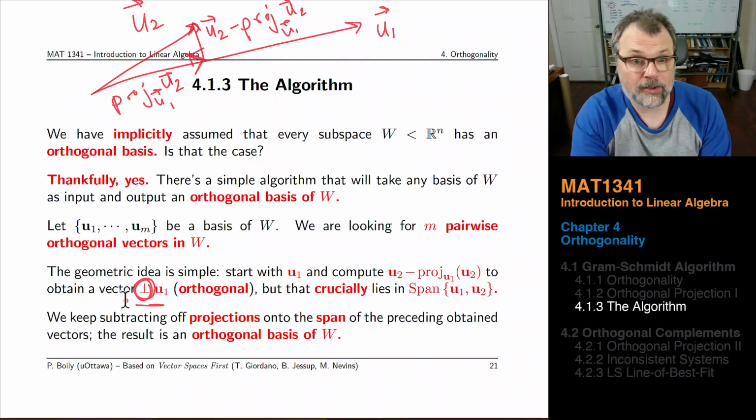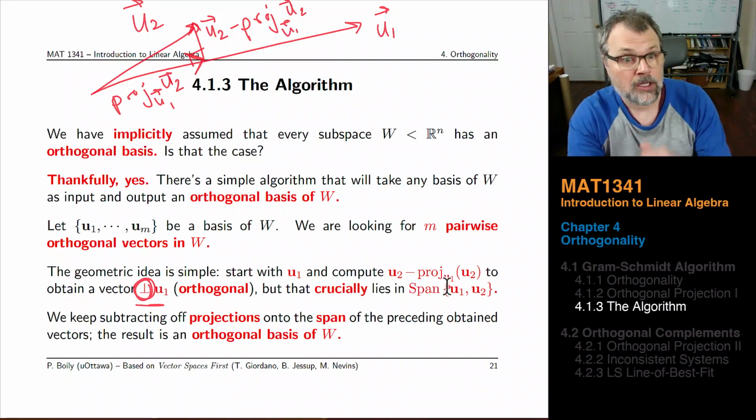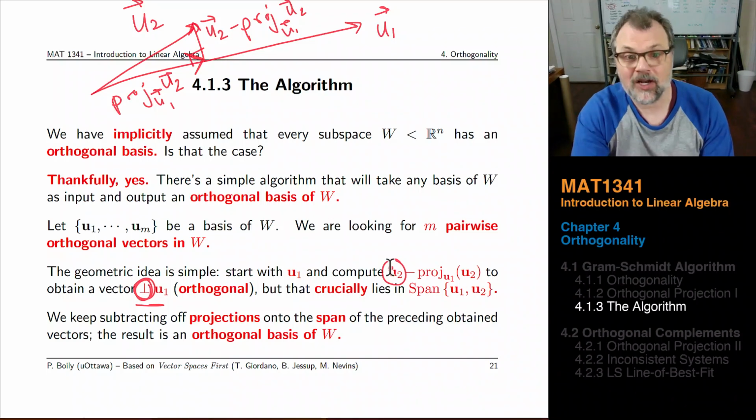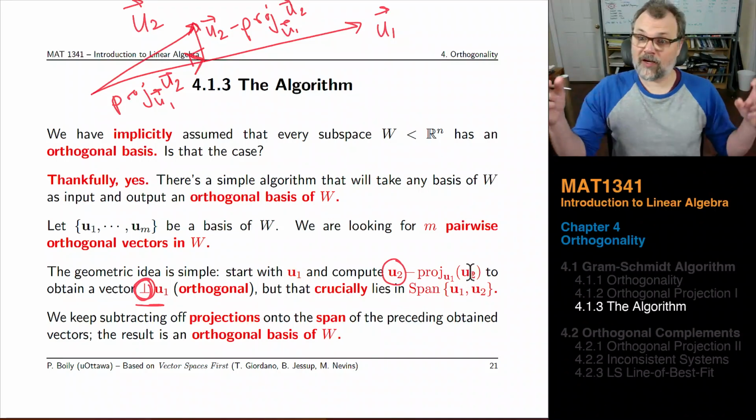So u2 minus the projection of u2 on u1 is perpendicular to u1, which is good, but the crucial thing is that this vector is in the span of u1 and u2. Why is that the case? Well, look, u2 is in the span of u2, and the projection of u2 on u1 is some stretching of the vector u1.